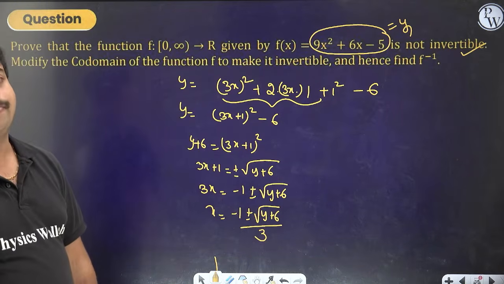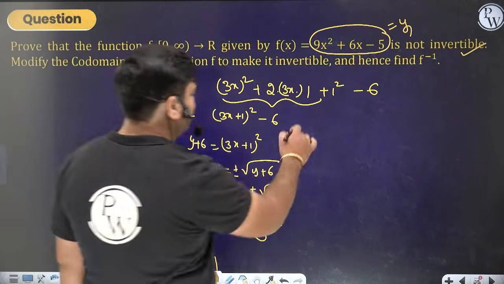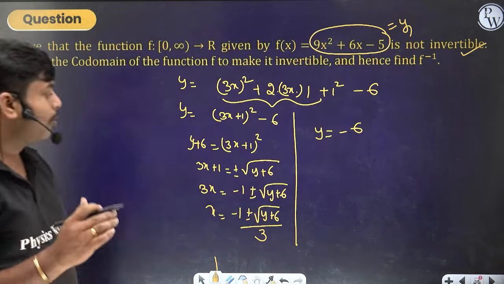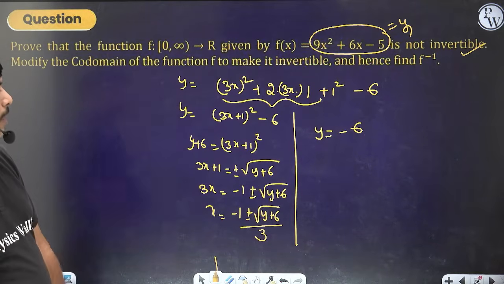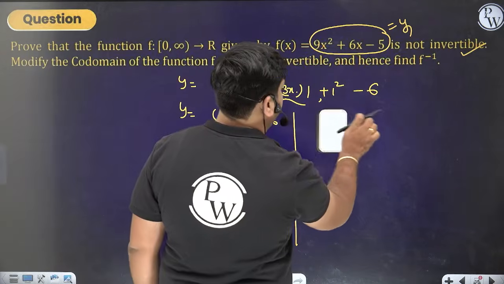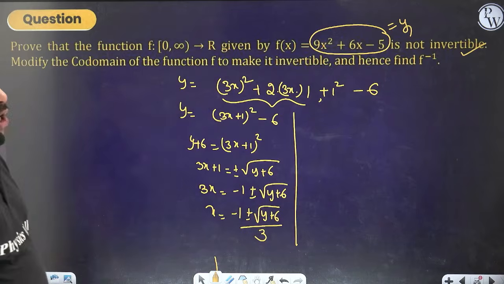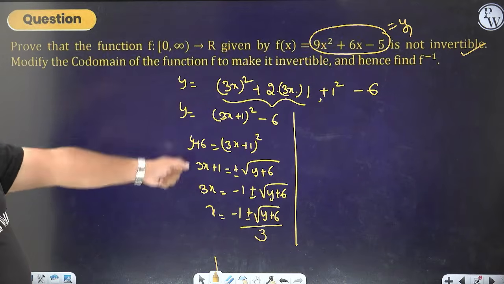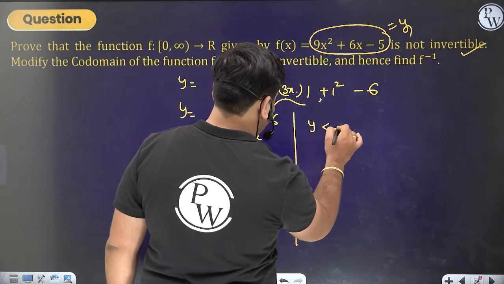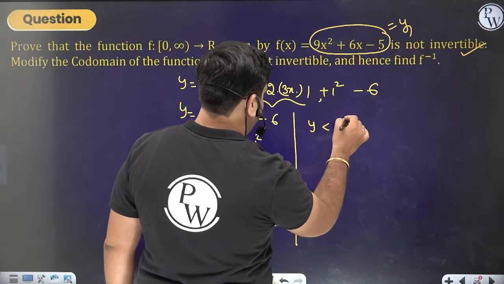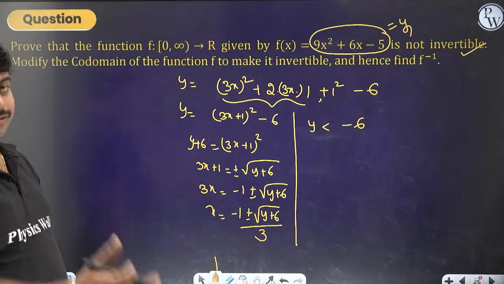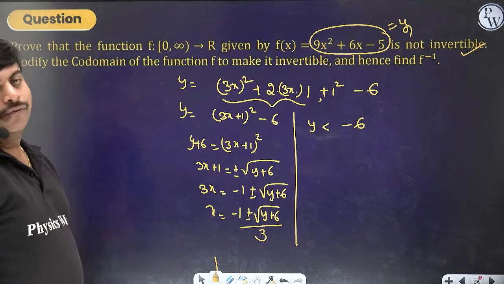Yes or no? People, when y is equal to minus 6 or minus 7 or minus 8, when y is a value less than that, when y is minus 7, minus 8, minus 9, tell me, are you getting any value of x? When y is less than minus 6, you're not getting any value of x, right?